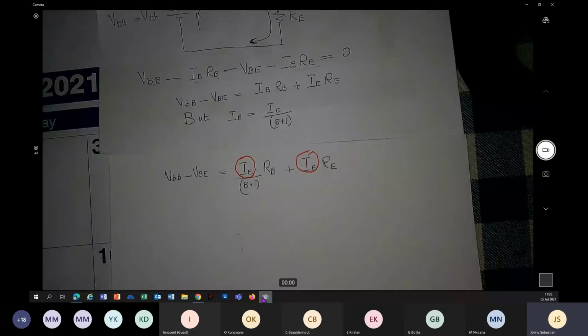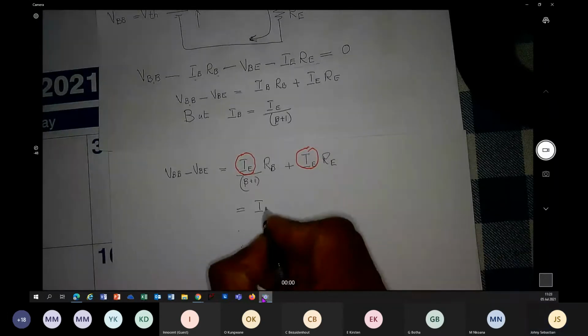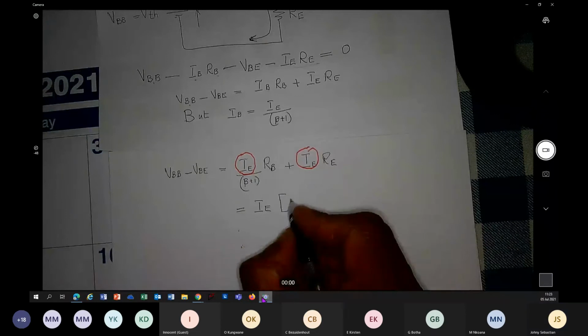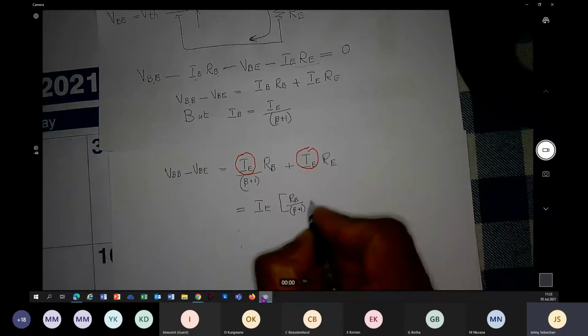Take it out and make it common: IE times RB over beta plus 1 plus RE.